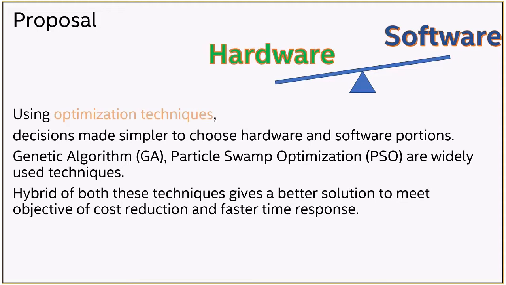If you do it manually, there would be a lot of errors and it would take a lot of time to decide. Instead, if you use optimization techniques like genetic algorithm or particle swarm optimization, they can automatically give the answer. It will run very fast and give us the optimal solution. So that is the proposal.